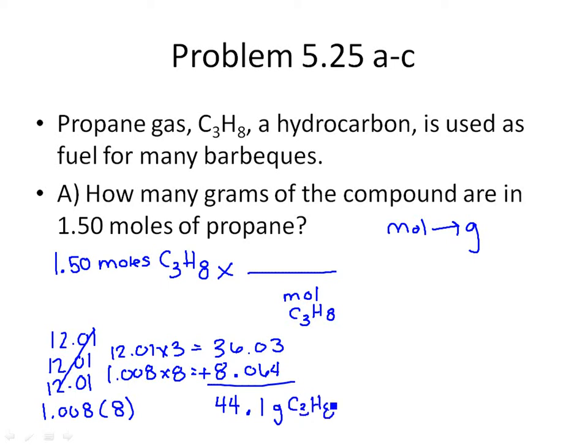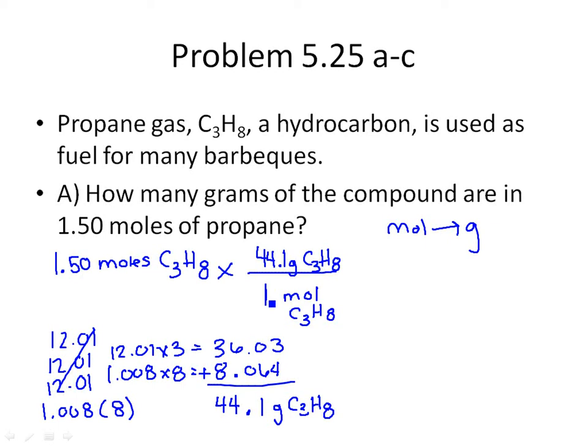Mastering rounds, it looks like, to 3 significant digits, to one decimal place. So if we have 44.1 grams, it's going to go on top because that's what we are trying to find, and we don't want it to be canceled out.